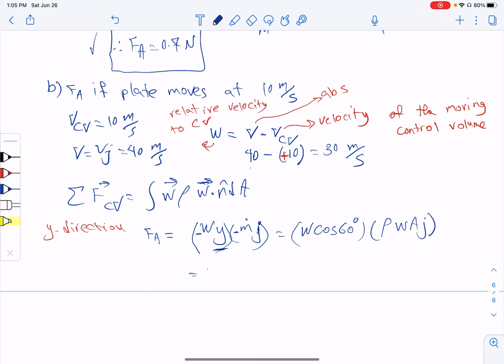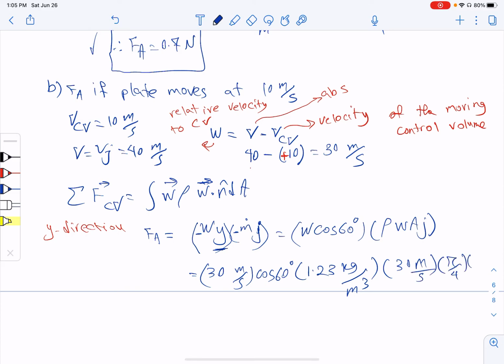And if we put all of the values that we have here, so this is for VY, and then we have for density 1.22 kilogram per meter cubed times 30 meters per second times the area. Two. Okay, now from here what we get for FA is 0.39 Newton.